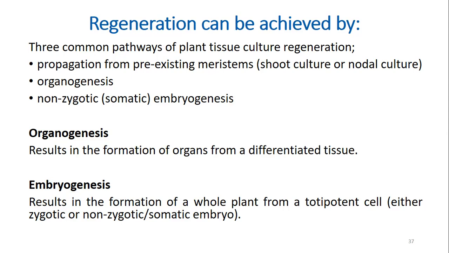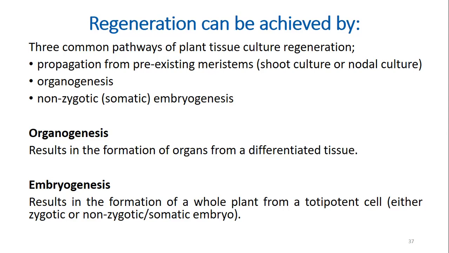And we also have organogenesis, which we've already explained as the formation of organs from differentiated tissue. Then you can also use what we call embryogenesis. With embryogenesis, it results in the formation of a whole plant using the embryo. And in this case, it can be either a non-zygotic embryo or a zygotic embryo.